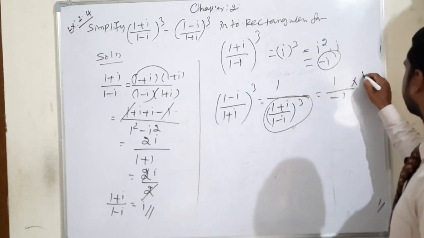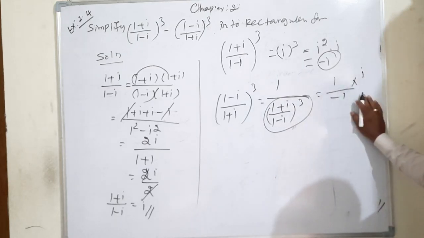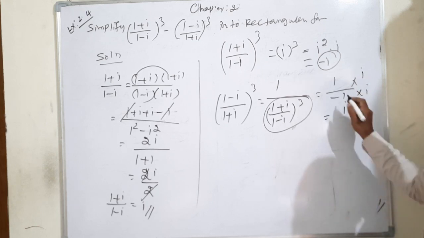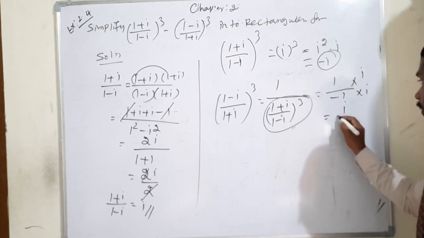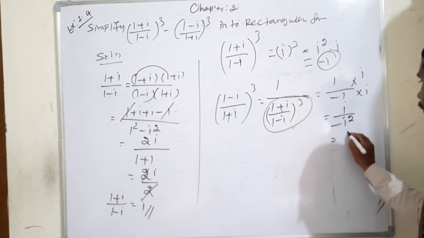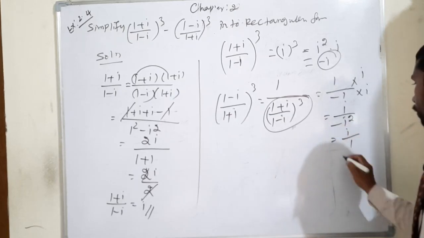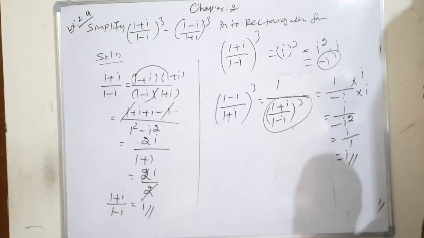Then for the conjugate, multiply both sides by positive i. So 1 into i, minus i into i means minus i square. So i divided by i square, which is minus 1. Already we have a common minus, therefore positive 1. Therefore, here also the answer will be positive i.